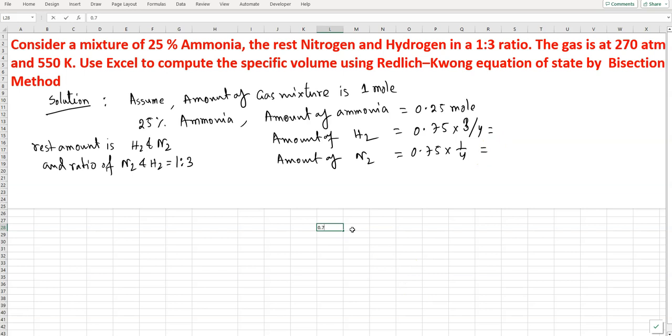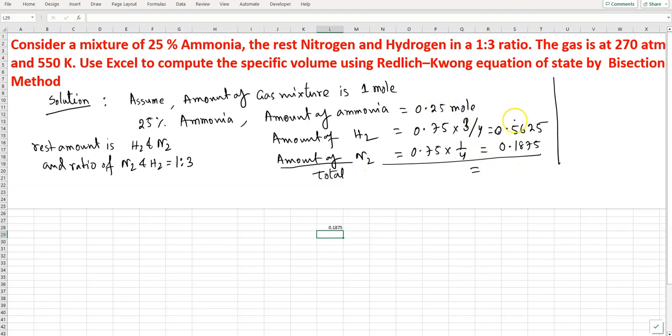That is equal to 0.5625. And the amount of nitrogen is 0.75 times 1/4, which is 0.1875. So if we add them all, the total will be 1.00.